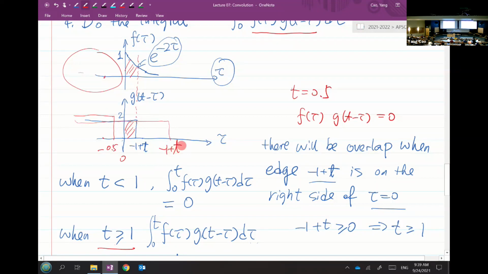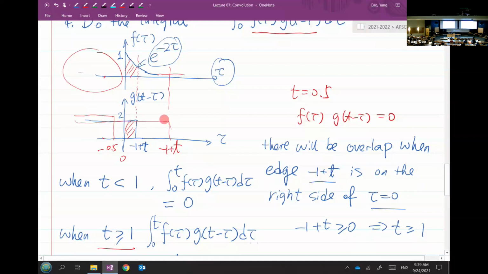And the overlap is always what? Always between 0 and -1 plus t. And it's always this function e to the power -2 tau multiplied by this value 2 in this question.